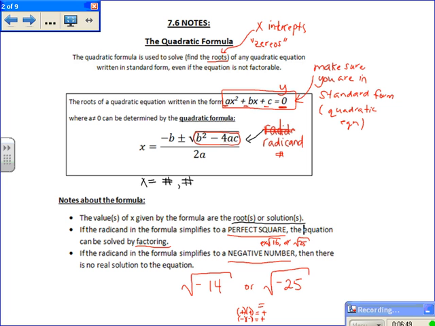So no number multiplied by itself will ever give me a negative value. Only a positive times a negative will give me a negative value, and then those numbers are different.